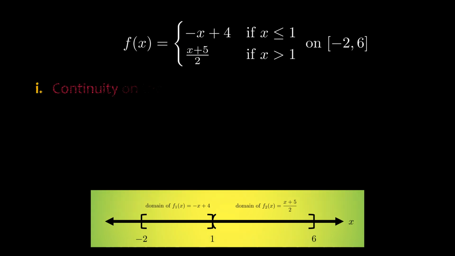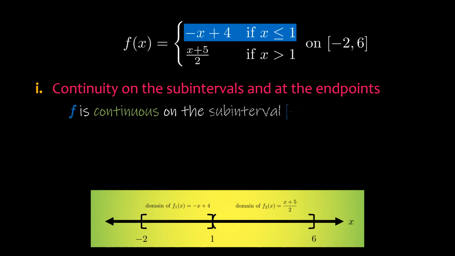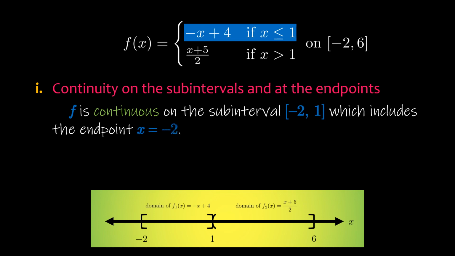First, continuity on the subintervals and at the endpoints. F1 of x equals -x plus 4 is a polynomial, which is continuous everywhere. Hence, f is continuous on the subinterval -2, 1, which includes the endpoint x equals -2.